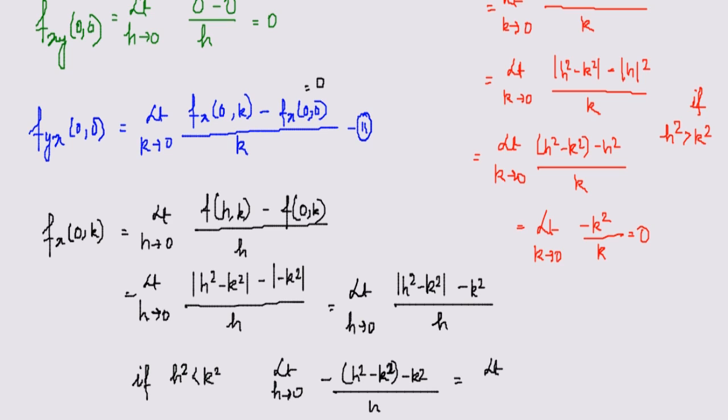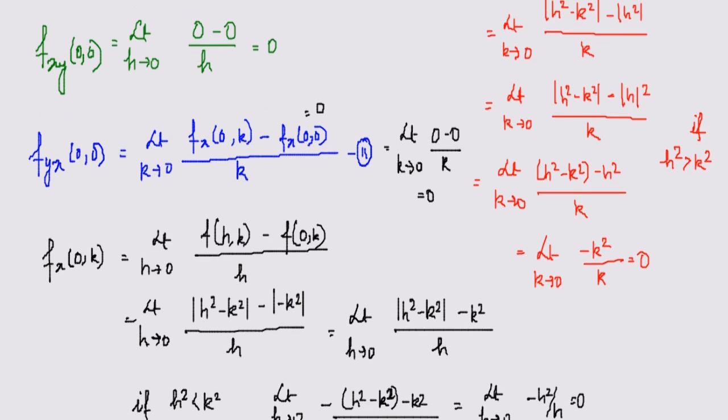From here we can find the limit as h tends to 0 of -h²/h equal to 0. So from equation 2 we find that this is the limit as k tends to 0 of (0 - 0)/k, which is equal to 0.